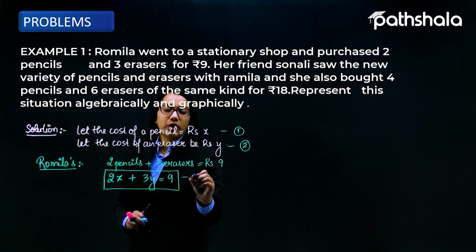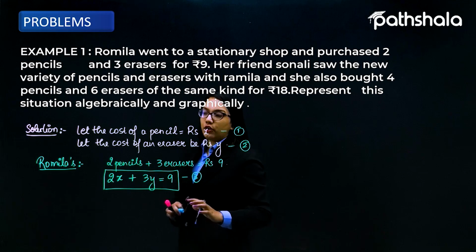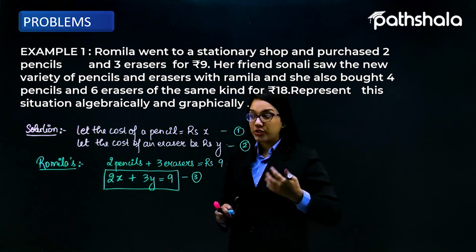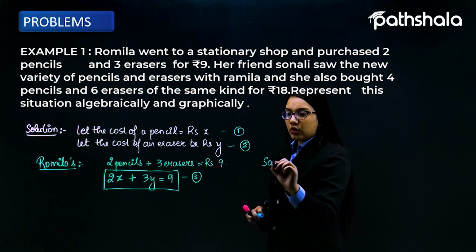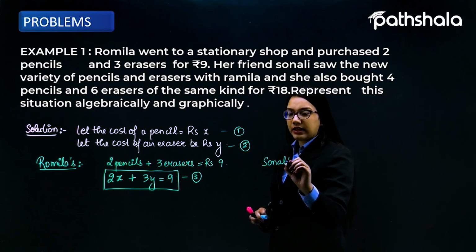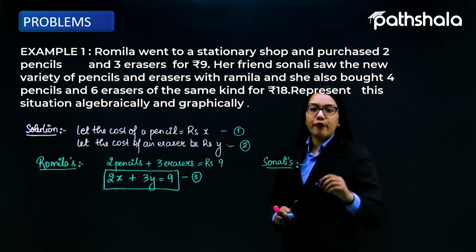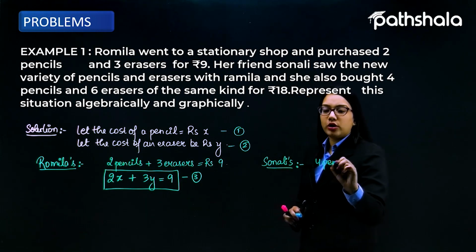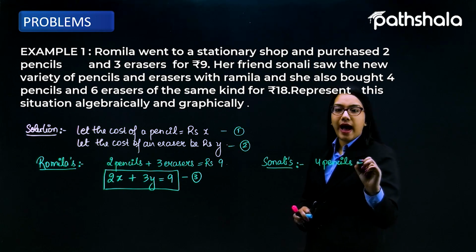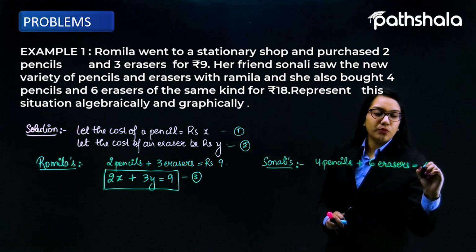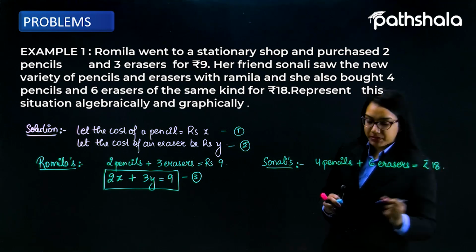Let us call this equation number 3. Now let's talk about her friend's condition, that is Sonali's condition. According to Sonali's condition, she bought 4 pencils and 6 erasers that cost ₹18.